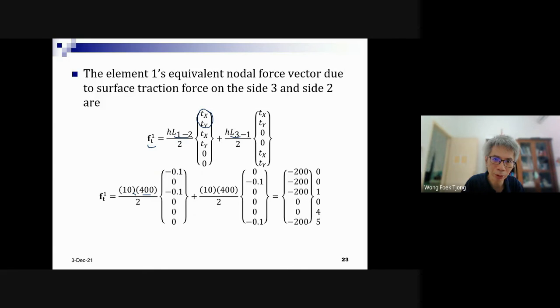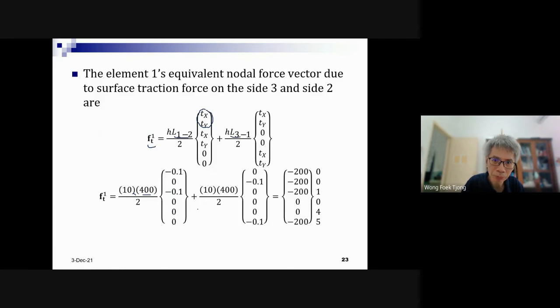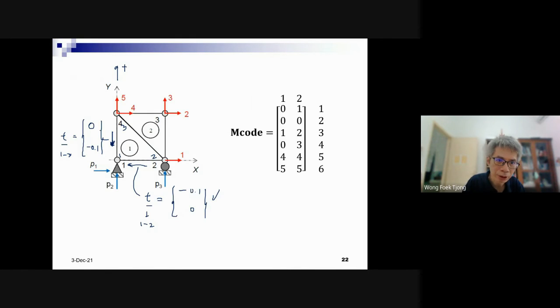Minus 0.1 on side 1, 2. So this is this one. Minus 0.1 and 0. Okay. This one and this one, right? This is 0 and 0. And for this side, 0 minus 0.1.